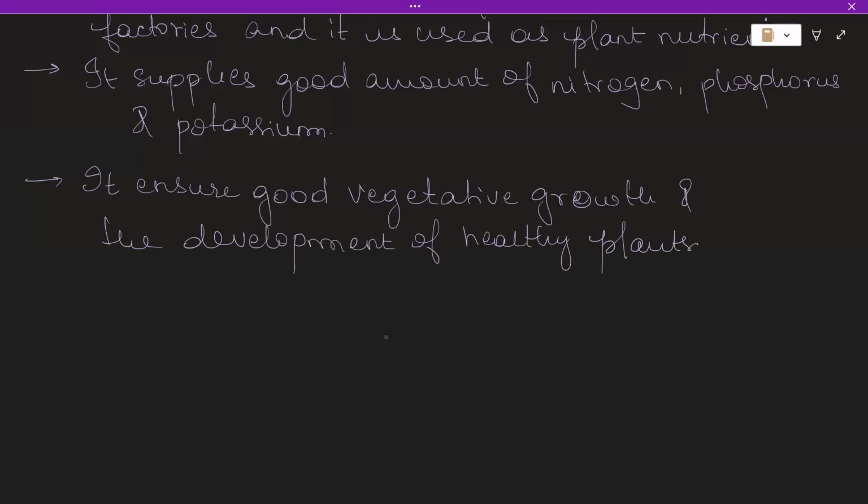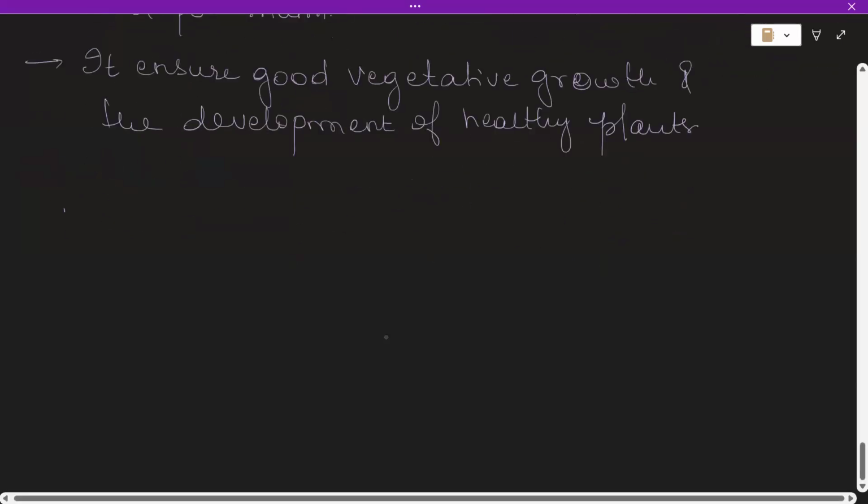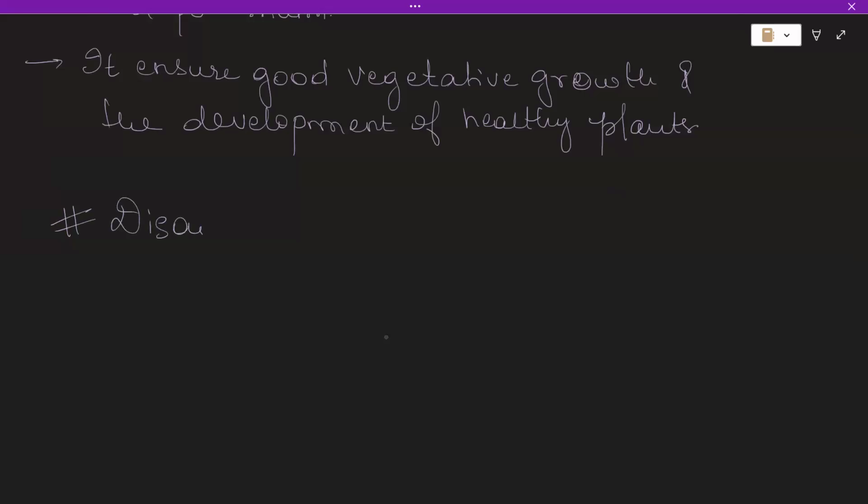Furthermore, apart from doing whatever they do, fertilizers are very harmful if used in an excessive amount. These are chemicals only. Now let us talk about the disadvantages of fertilizers.